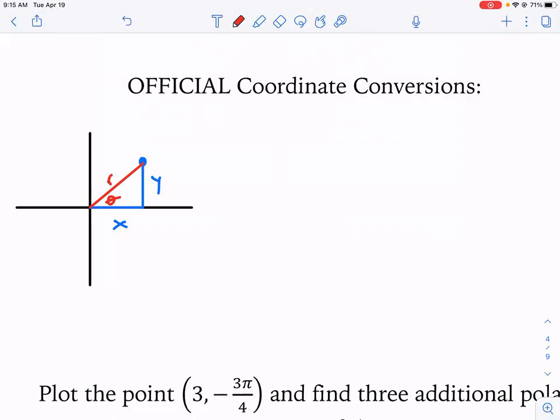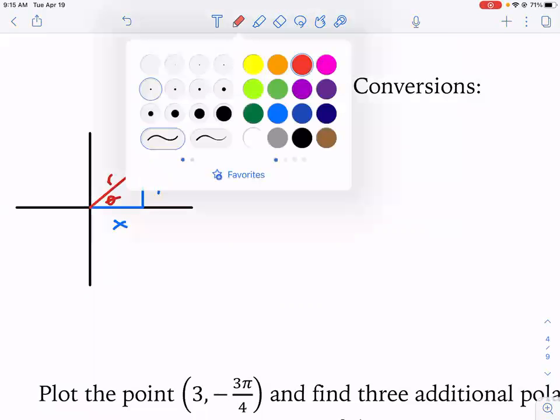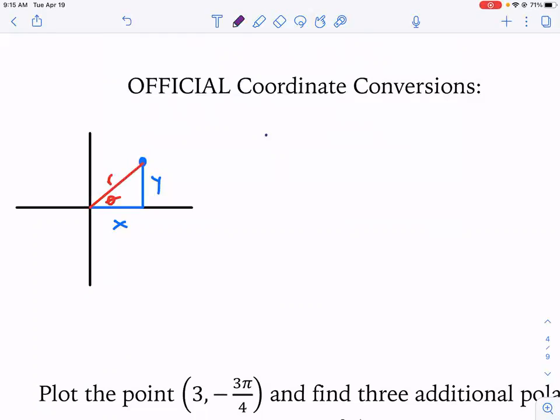So let's talk about some relationships here. What did you use in order to get the hypotenuse? The Pythagorean theorem. We know that x squared plus y squared equals r squared. You gotta write that down.